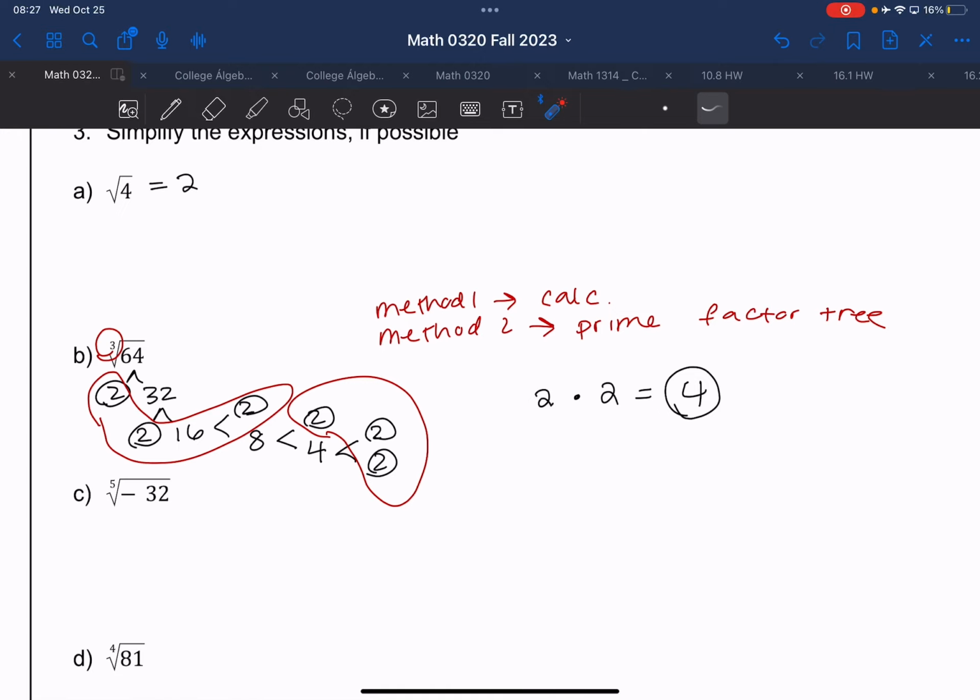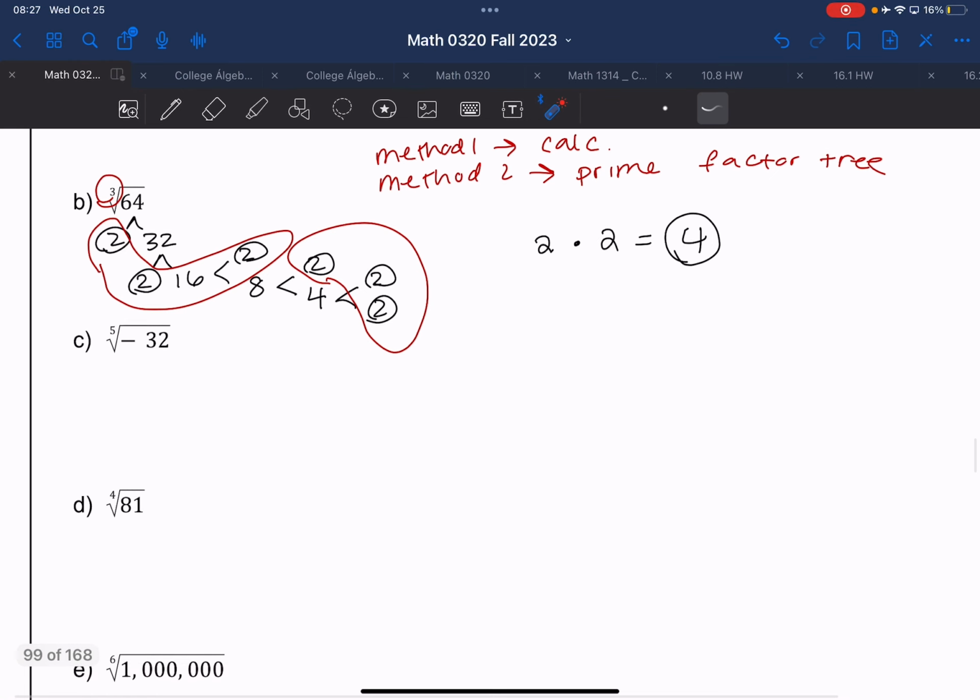Okay, so let's do the same thing for letter C. I'm going to ignore that negative for now. That's inside the radical. And I'm just going to do my prime factor tree off of 32. So 2 goes into 32 16 times. 2 goes into 16 8 times. 2 goes into 8 4 times.